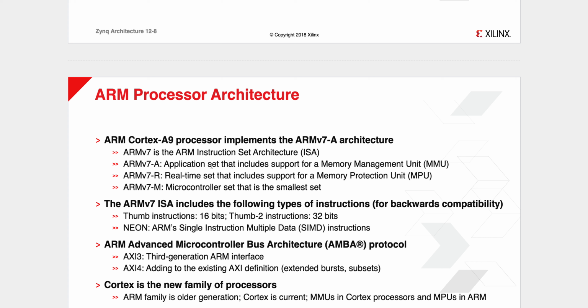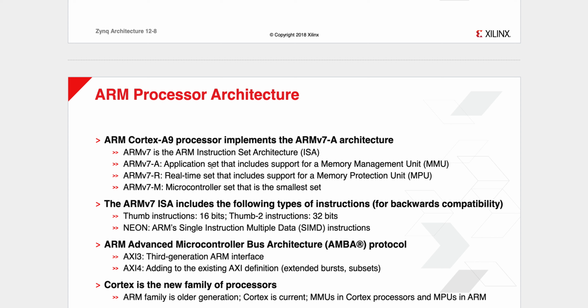The ARM v7 alone is the ARM ISA or instruction set architecture. Then we have the ARM v7R, which is a real-time set that includes support for a memory protection unit.